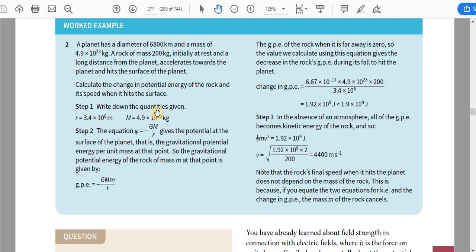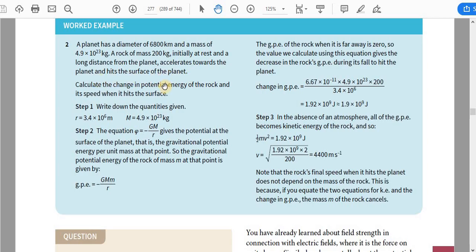Now what happens is this rock is far away from the planet, and then it comes to the planet. So when it comes to the planet, we assume that it comes to the surface of the planet. Actually it is coming towards the planet, and it hits the surface of the planet.